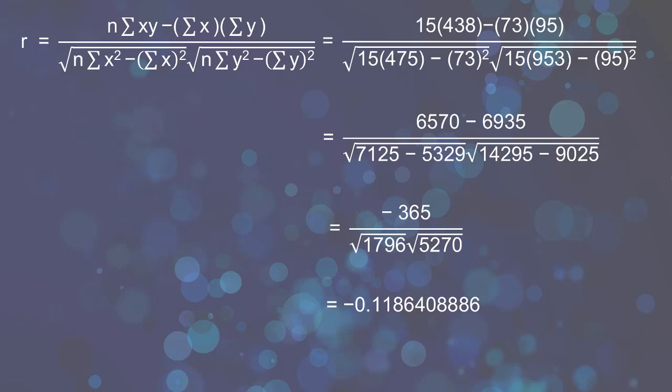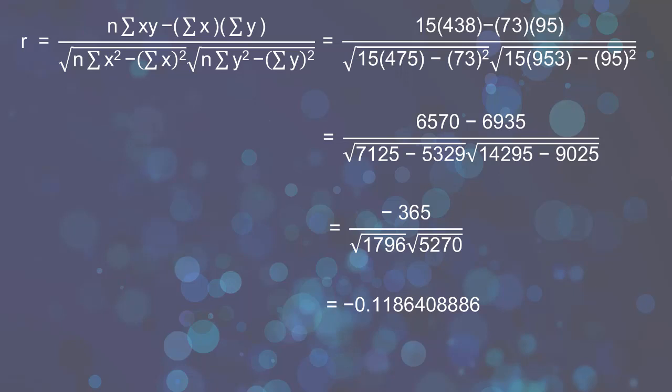The order of operations does not interpret that the way that we have it written here on the screen. What you need to do is put your entire denominator in parentheses. So you would put negative 365 divided by parentheses. Then you put the square root of 1796 times the square root of 5270, and then end your parentheses. That makes sure that the two numbers that are being multiplied together in the denominator are grouped together, and that means the calculator reads that as one number for your denominator.